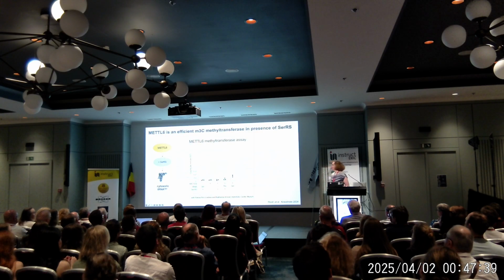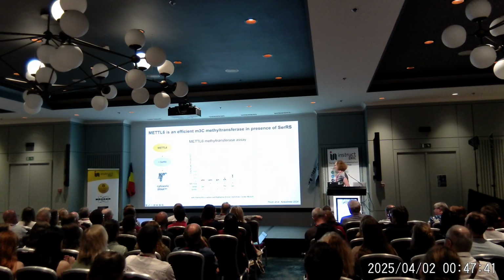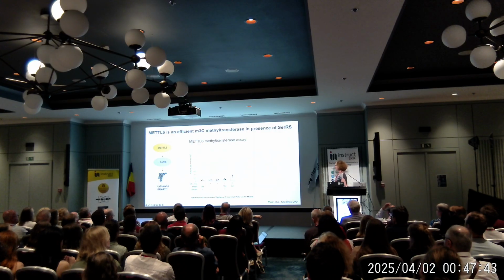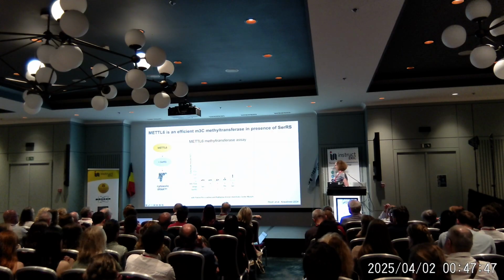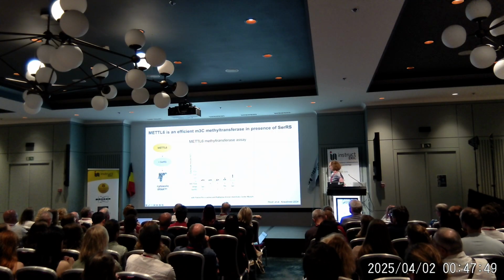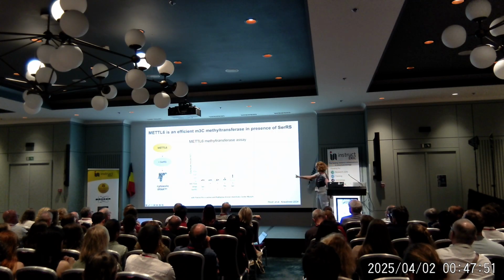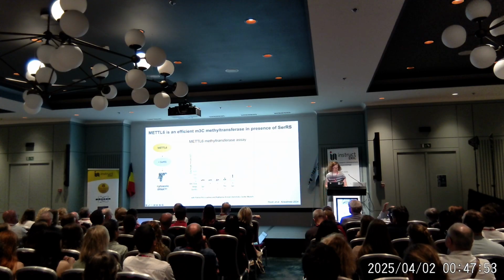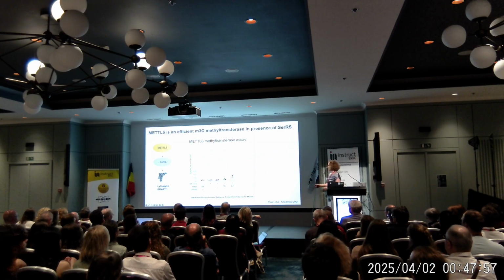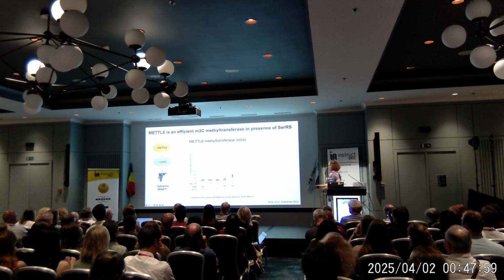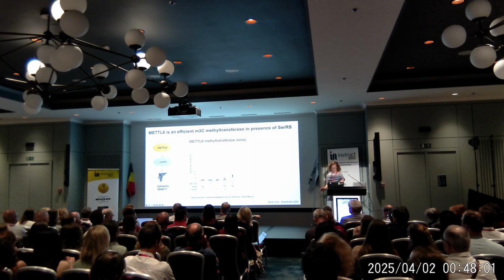So we also expressed this SerRS enzyme and did an activity assay. And here you see all the controls, METTL6 mixed with tRNA, all the control reactions. And do I have a pointer? Here, the most right, we get some activity if we add METTL6 and the correct tRNA.